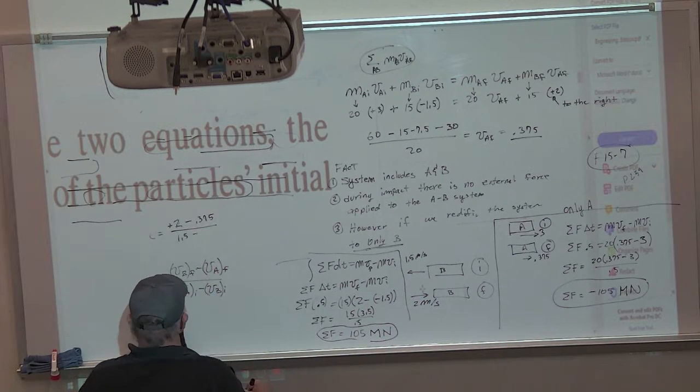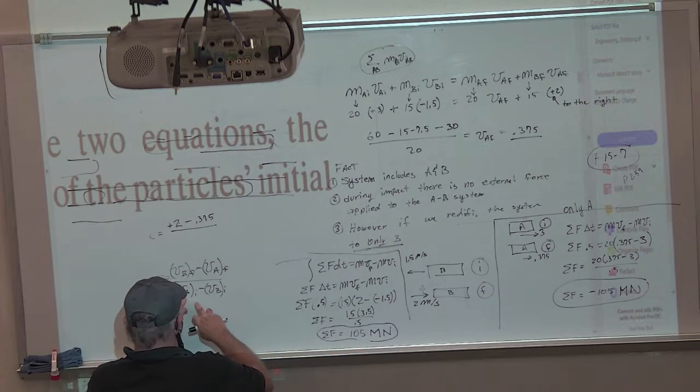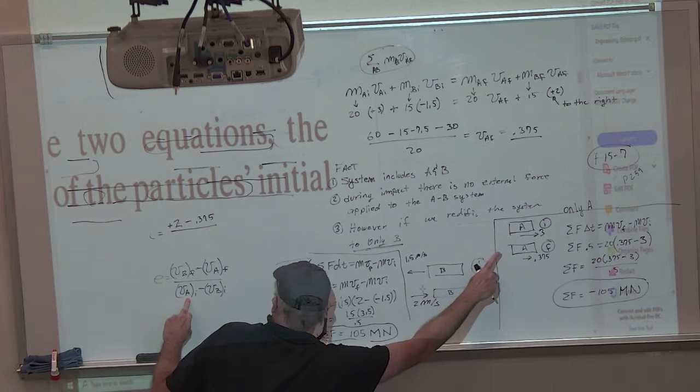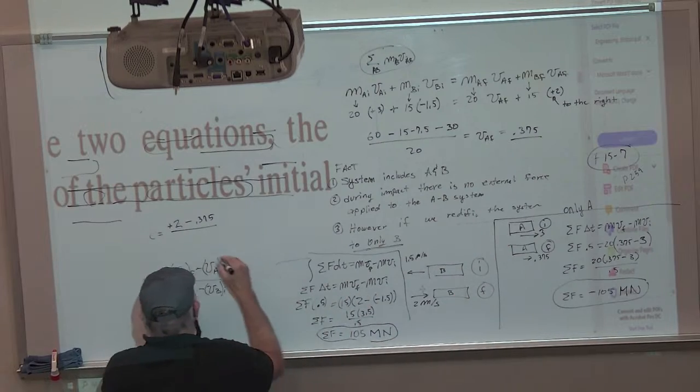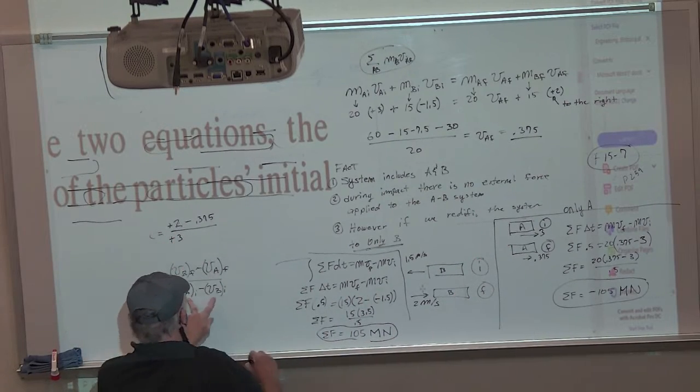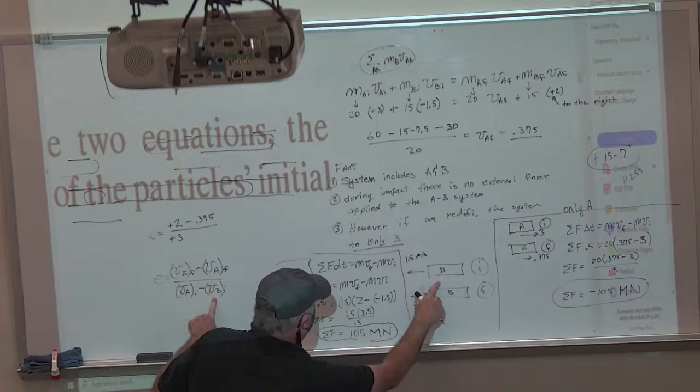Whoa, wait a minute. I have that backwards. VA initial 3, VB initial.